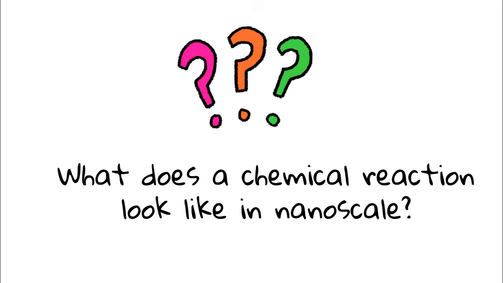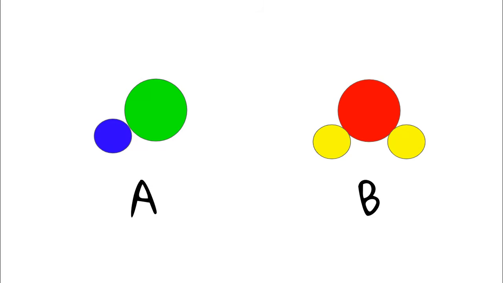Okay, so we're going to start off with two substances here. We're going to call them substance A and substance B. Looking at substance A and B under a microscope, we can see in nanoscale that substance A is made up of a green particle. We're going to call it a molecule, so a green molecule and a blue molecule.